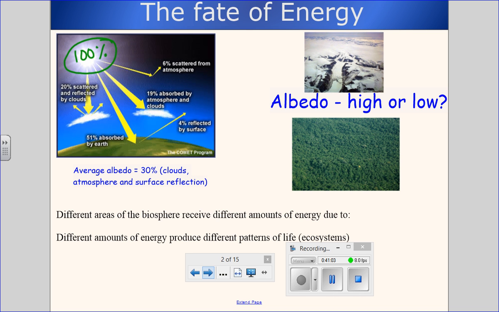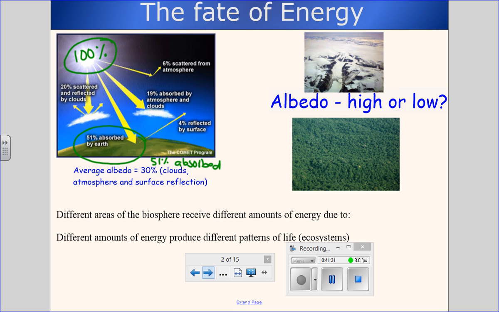Here are the things that I would like for you to notice. Approximately, and this is just approximate, approximately 51% is absorbed by the surface of the earth, by the water in the oceans, by the plants on the land, by something that is on the surface of our planet.